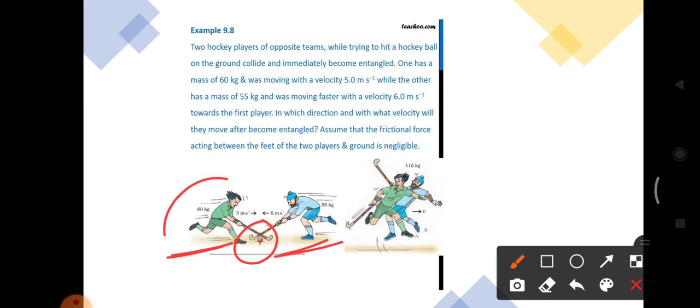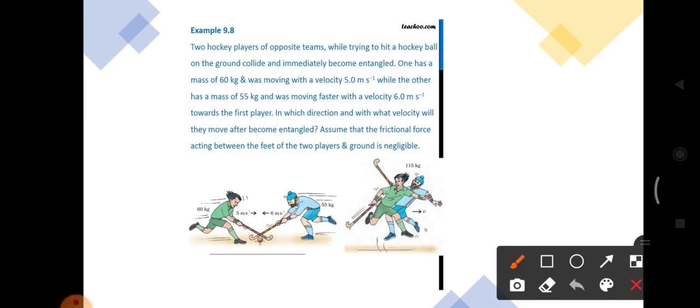One has a mass of 60 kg and was moving with a velocity of 5 meters per second, while the other has a mass of 55 kg and was moving faster with a velocity of 6 meters per second towards the first player. In which direction and with what velocity will they move after becoming entangled? Assume that the frictional force acting between the feet of these two players and the ground is negligible.